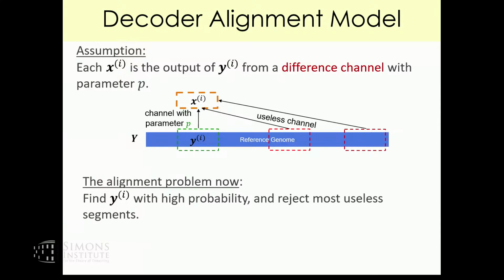And between that yi to xi, there is some useful channel with parameter p, while all other positions have some useless channel to that x, and we really don't want them. They will not help us reconstruct, so we want to not find them in our alignment.